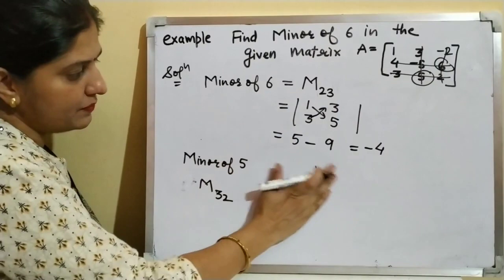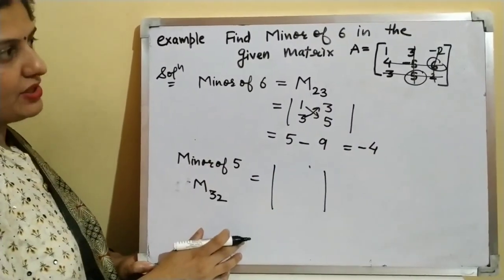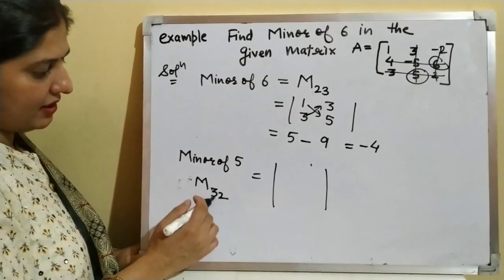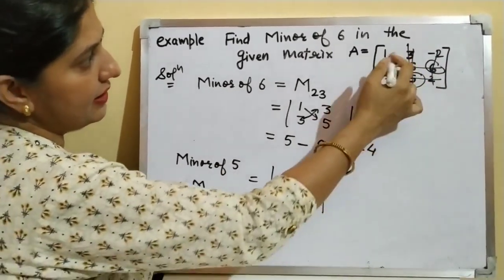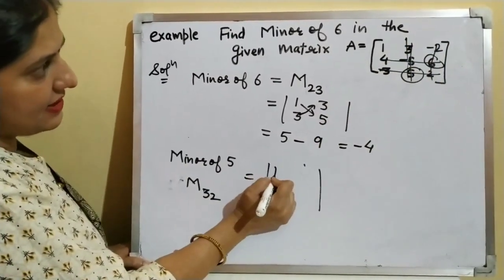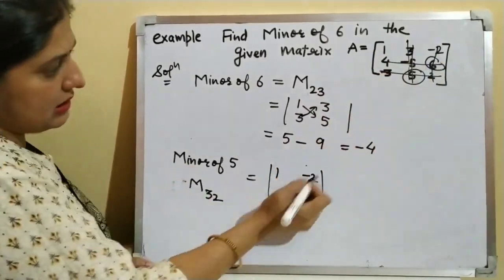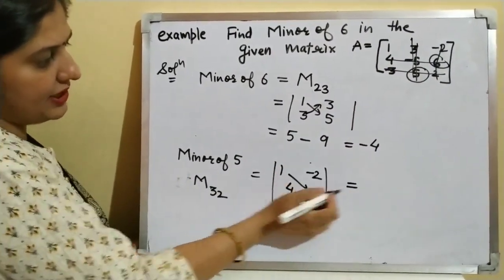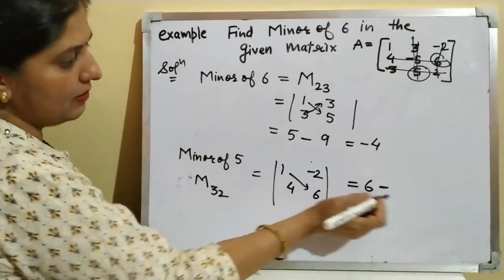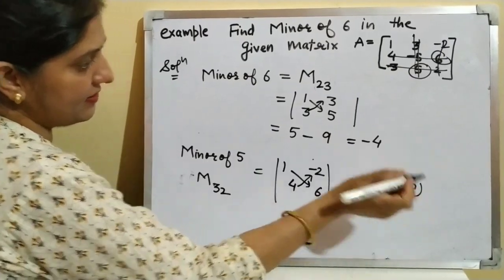It is equal to the determinant of the matrix obtained by deleting the third row and second column. Write the remaining entries as they are: 1, -2, 4, 6. Simplify it: multiply diagonal elements minus multiply non-diagonal elements.